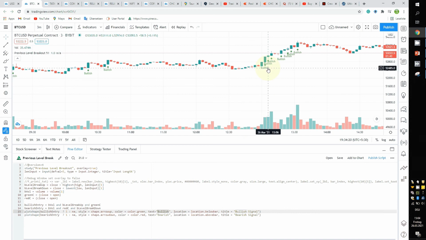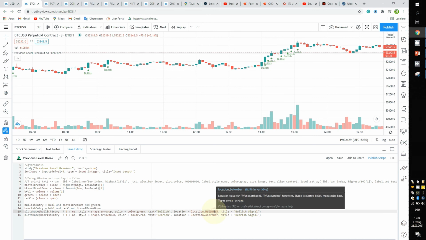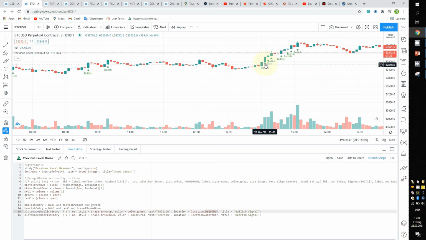In this case, it's bullish. And then you also need to define the location of this signal. In this case, it's below bar. So if the signal is generated over here, the text bullish will be written here below the bar. And similarly for the sell signal.